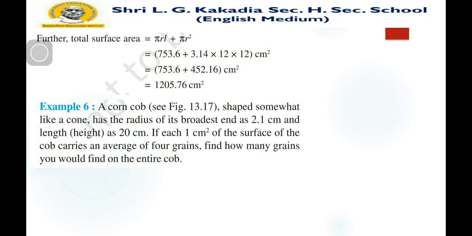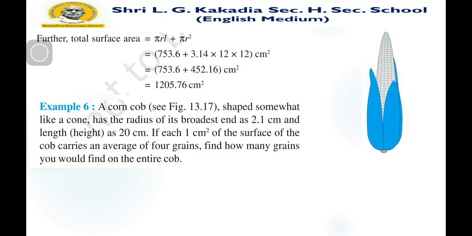Example number 6, a corn cob is given here. Such a type of corn cob, you can see that the corn cob looks like a kind of right circular cone, shaped somewhat like a cone, has a radius of its broadest end as 2.1 centimeter and length as 20 centimeter.